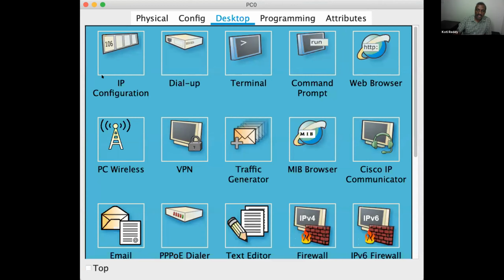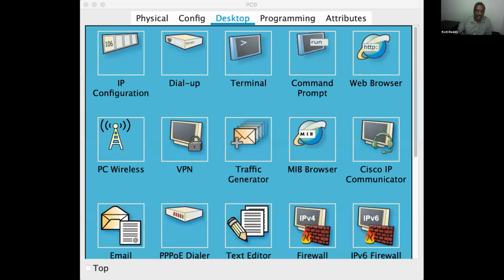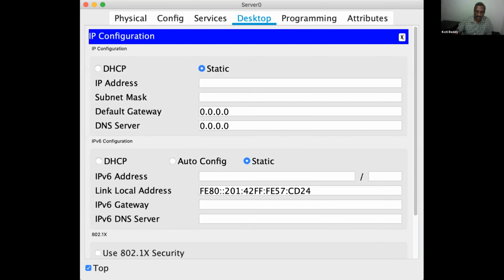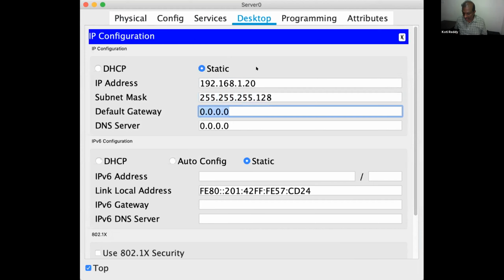Similarly, I go to the second system, acting as server. This is the HOA network. I go to the desktop and give the IP address. Which IP do I give for this particular server? 1.20, so 192.168.1.20. The mask is 128 again, and 192.168.1.1 is the default gateway IP address.